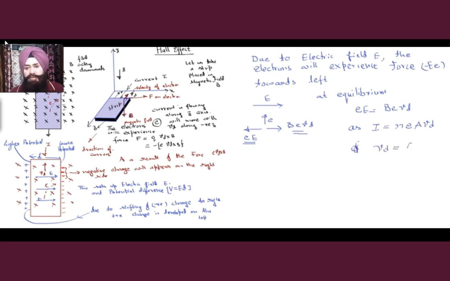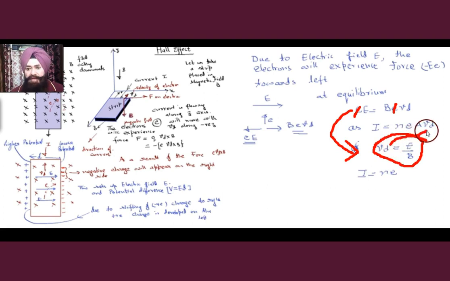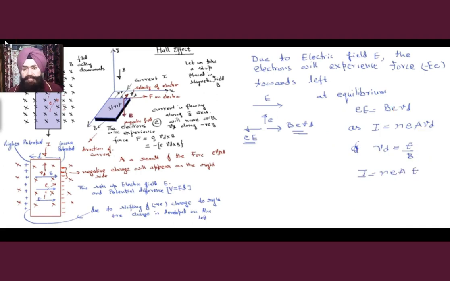Because the forces are equal, the e and e cancel out, and Vd becomes E upon B. So substituting Vd in this expression, I becomes n e A E upon B.